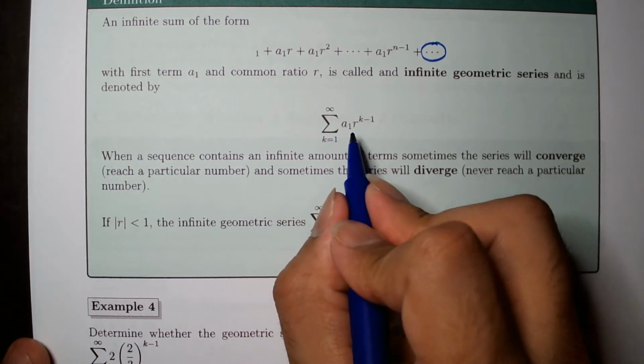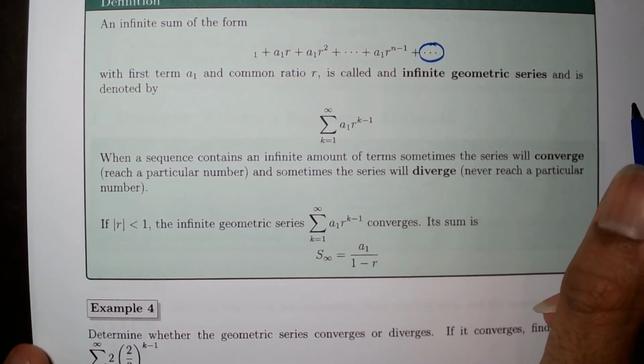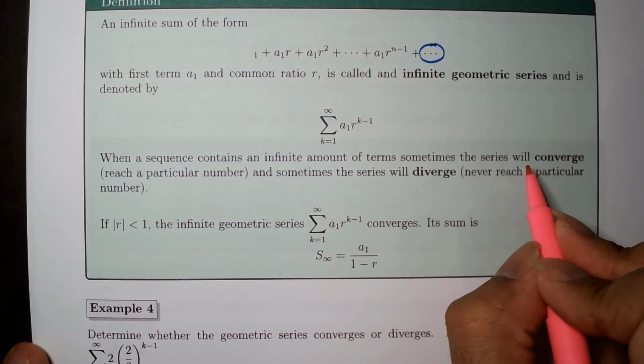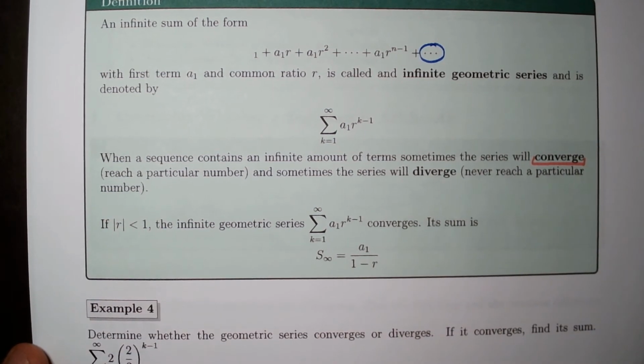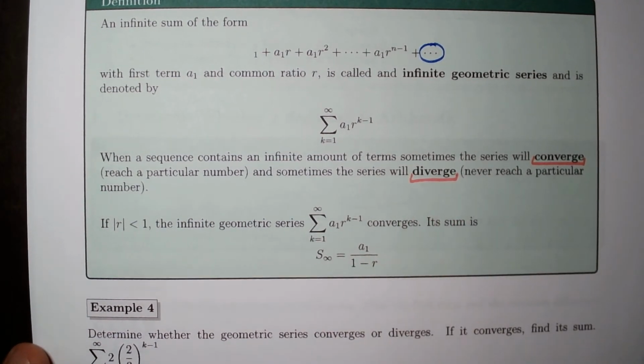But in this case, when given a series, we need to look for r, all right? That is the common ratio. So in this case, a series will converge, or reach some number, that's what we mean by converge, or will diverge depending on the value of r.